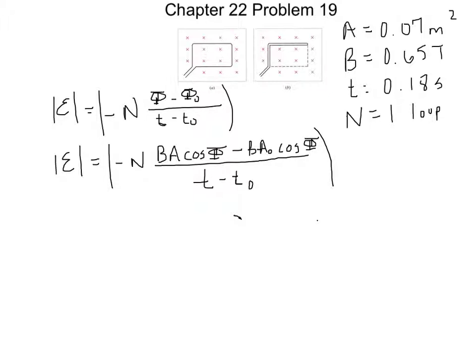Now this makes things a little bit easier only because they already give you the area, the magnitude of the magnetic field, the time, and the number of loops.